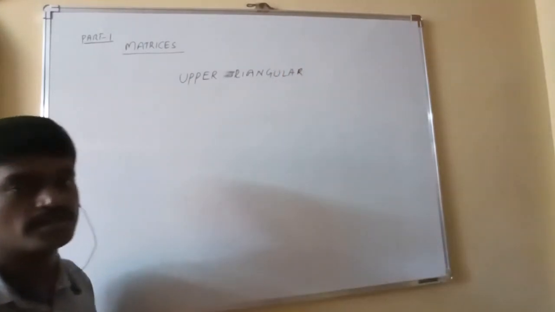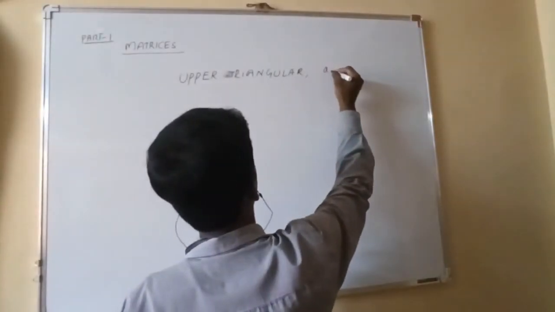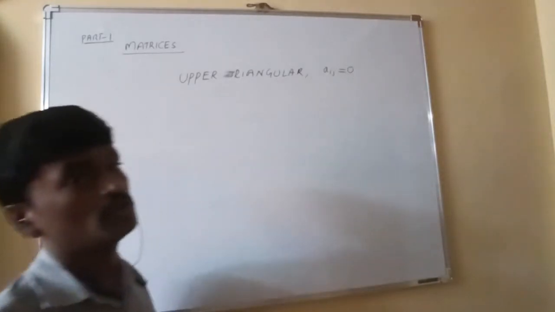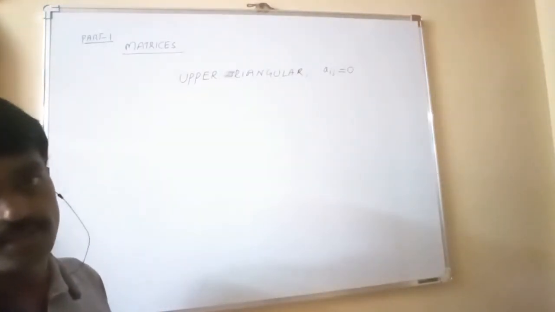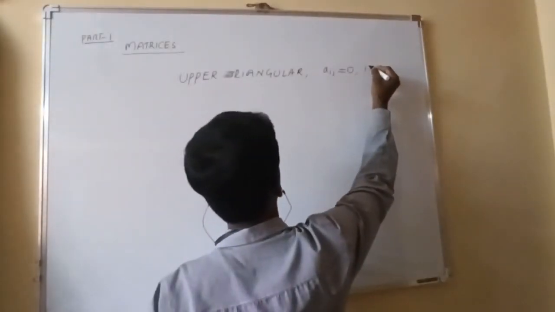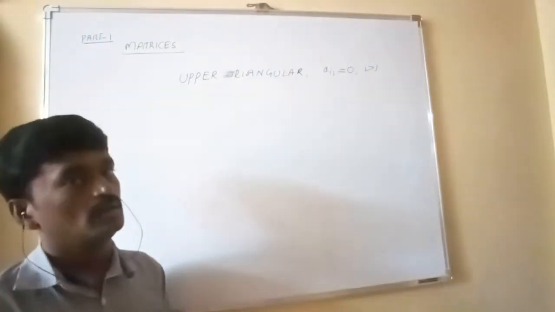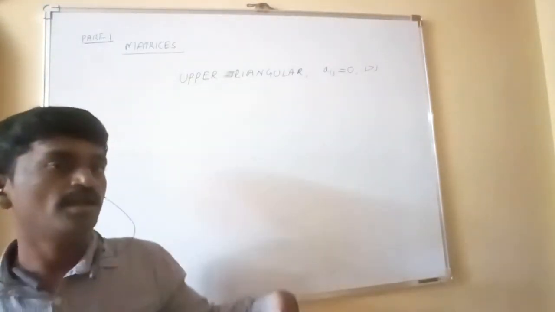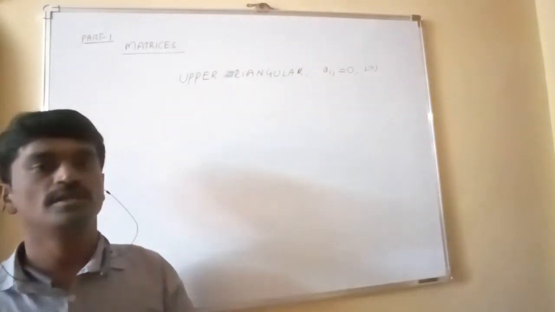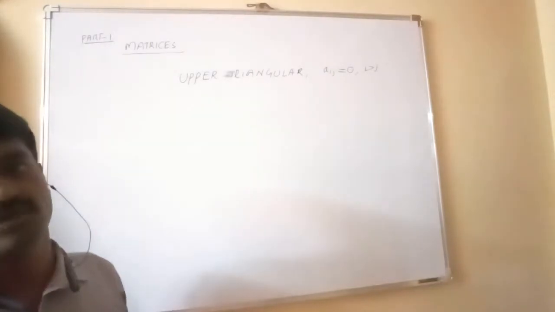A square matrix is said to be an upper triangular matrix if Aij must be equal to 0 for i greater than j. That is, the elements which are below the diagonal must all be equal to 0. Such a square matrix is called upper triangular.